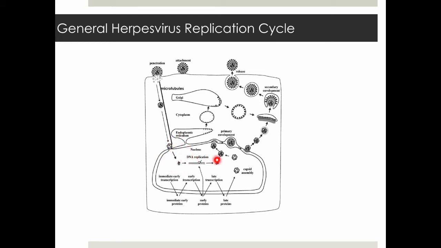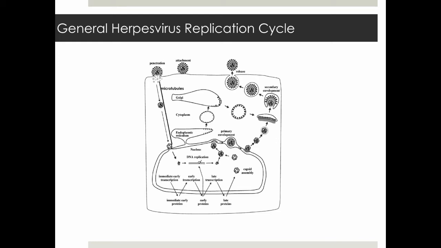You get DNA replication, transcription. That transcription is unfortunately named immediate early, followed by early, followed by late. Immediate early here basically means these are all of the genes which are going to be made by virus proteins that are coming in with the virion. So all stuff which is in the virion is going to be these immediate earlies.